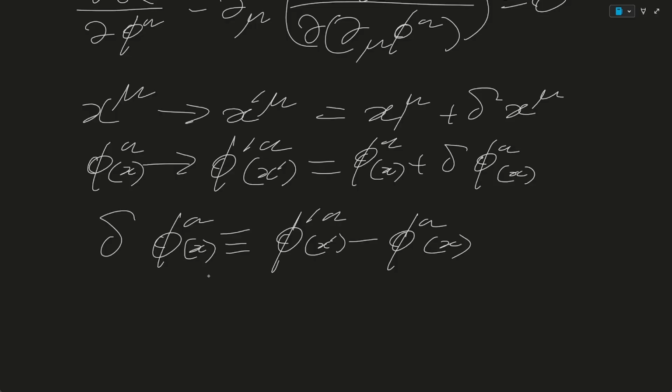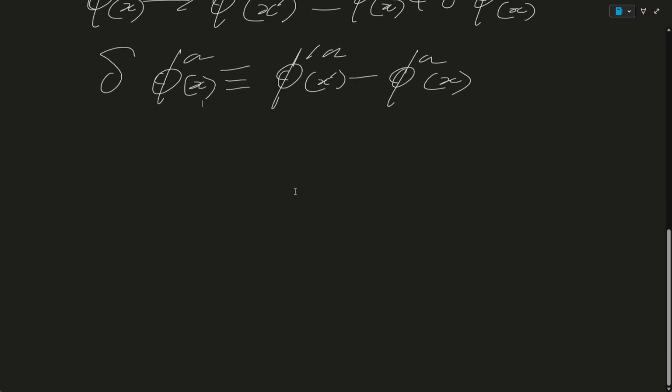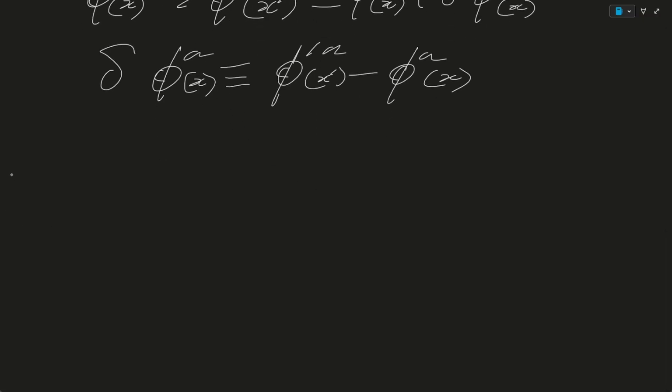Okay. Well, this is interesting. We now have a way to compare our transformed field between 2 points. But we want to compute some derivatives, and we can't do that unless we compare fields evaluated at the same coordinates. So we're going to define an intrinsic variation, which is this delta bar phi a of x.